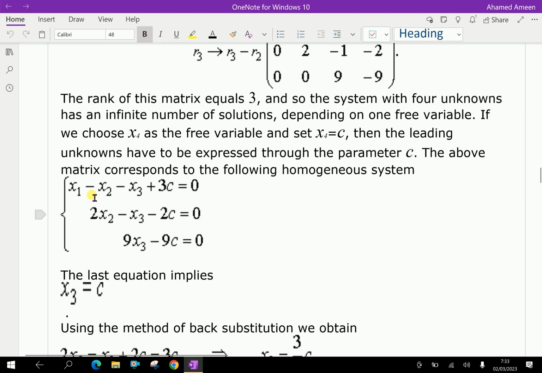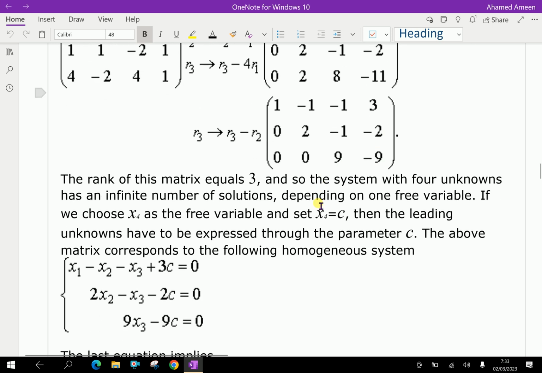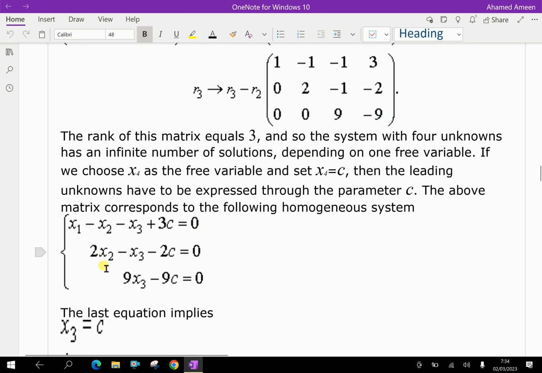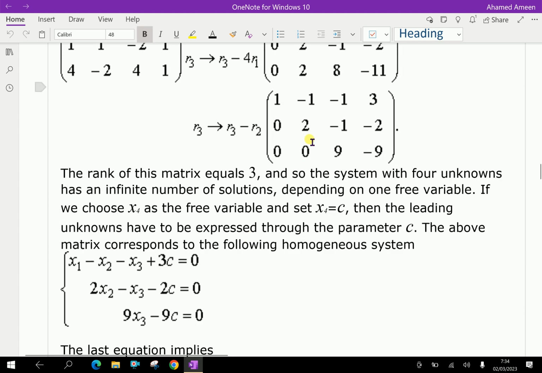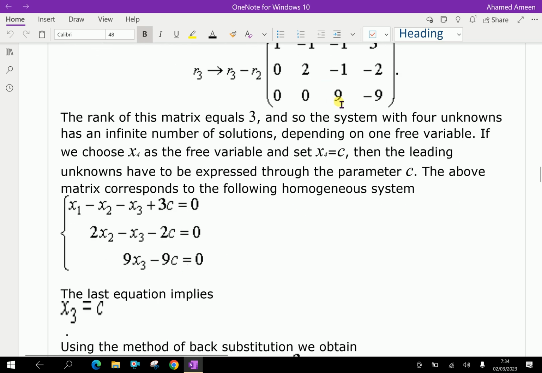Here x1 minus x2 minus x3 plus 3x4, that is 3 into c, equals 0. Next, 2x2 minus x3 minus 2c. Next is 9x3 minus 9c equals 0.